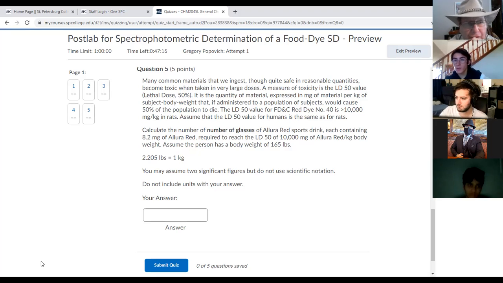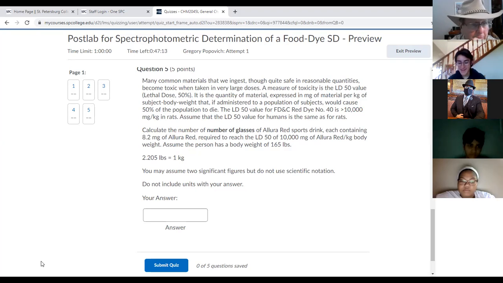Okay, guys, Garrus, you have a question? Yeah, I had a question. So when we write down the equation of a best fit, do you want us to just write the number, which is the molar absorptivity, or did you want us to write the extra number, which will be like plus or minus?